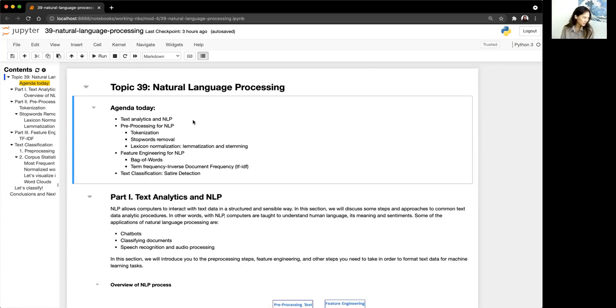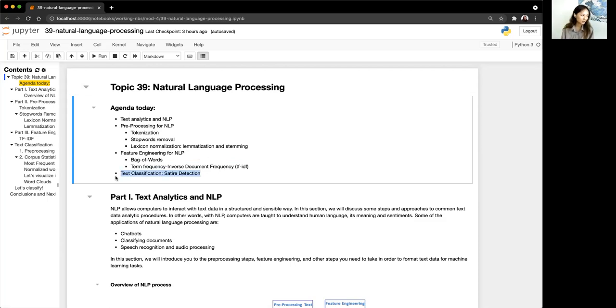So the agenda for today: we'll talk about the overall NLP process. We'll go through some of the pre-processing steps that you should do for NLP. We'll do some feature engineering as well. And I'll show you how similar this is, because these components also come out of scikit-learn, so you can incorporate NLP components into a data science pipeline, and I'll show you how you would go about doing that.